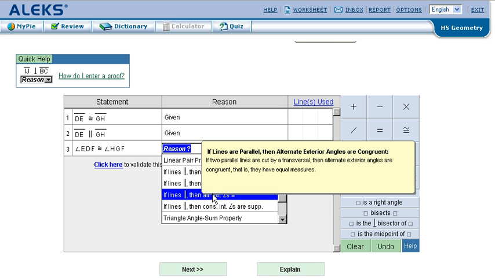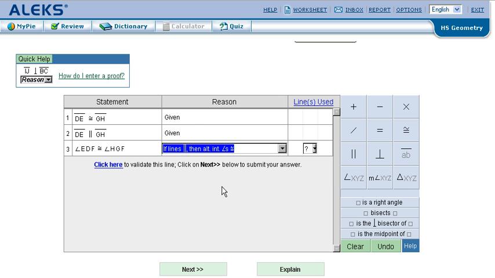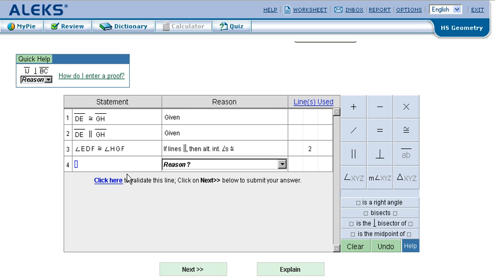If parallel lines, then alternate, make sure you get interior angles are congruent. It wants to know, where do you get the parallel lines? We get parallel lines from step 2. So far we have a pair of sides congruent and a pair of angles.